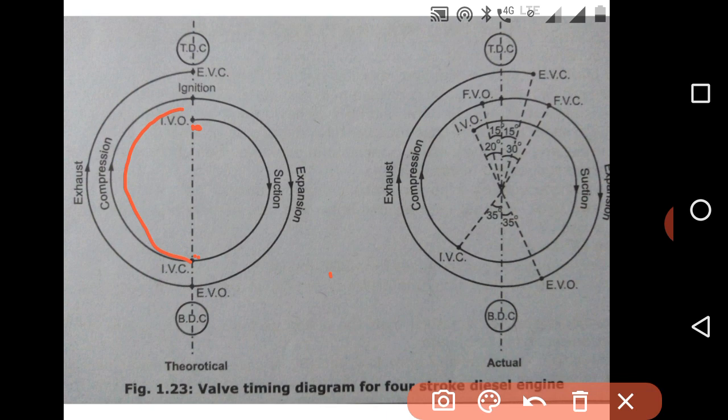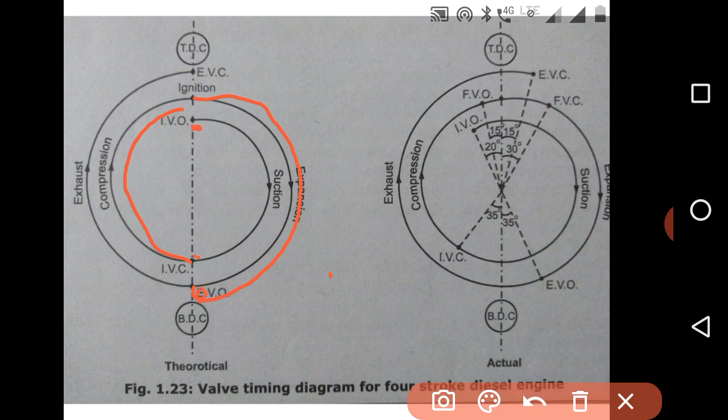As soon as the fuel is injected, due to the high temperature of the air, it gets ignited and burning of fuel occurs. Due to that, a large amount of pressure is generated and heat is released, causing expansion of gases. The piston moves again from top dead center to bottom dead center, and exactly at bottom dead center the exhaust valve opens.